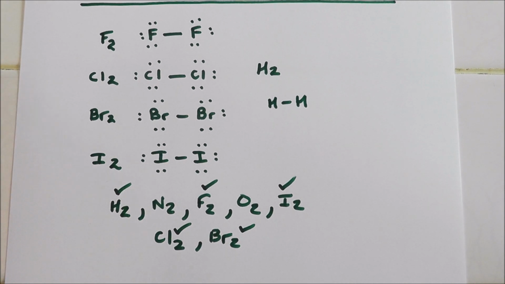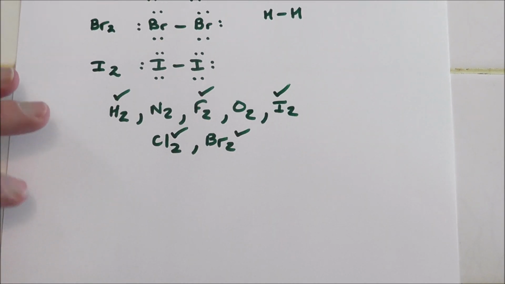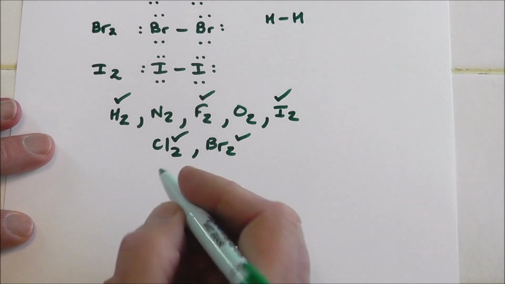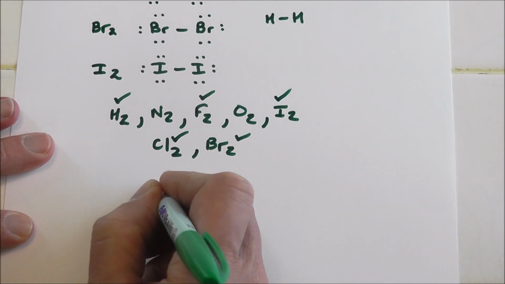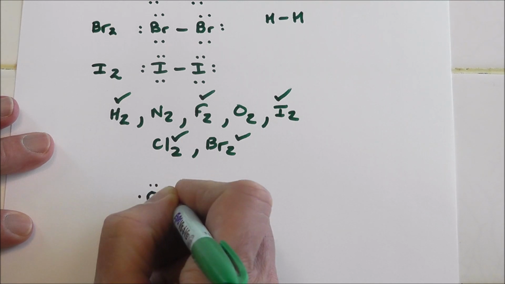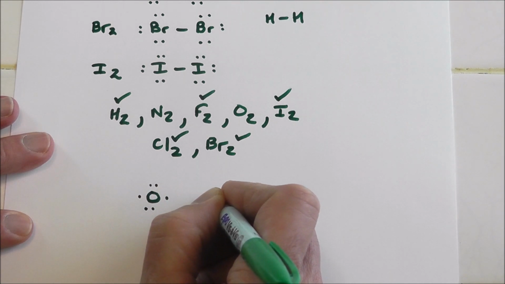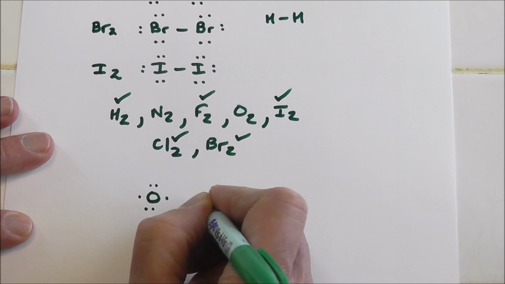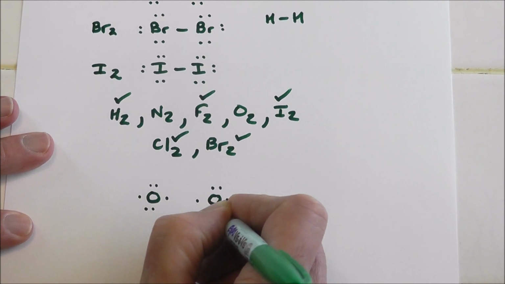Let's talk about what happens when an oxygen atom meets another oxygen atom. They, of course, have 6 valence electrons. I'm going to draw it this way just to show you that you can't do this matching thing. It leads you to the wrong conclusion.